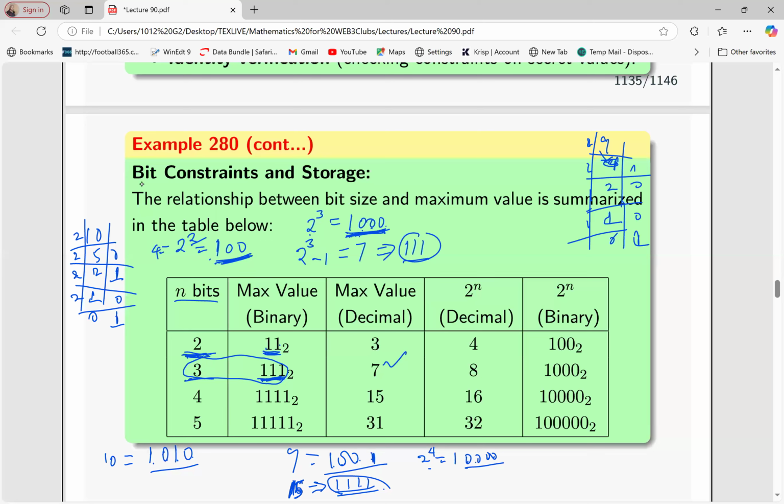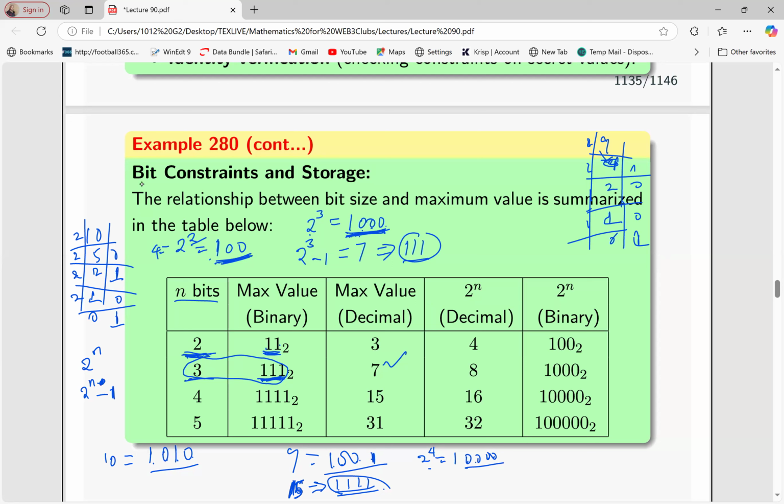So all the 4 bits will have the same storage, and then 5 bits will have the same storage. The thing I want us to look at is the difference between 2 raised to n and 2 raised to n minus 1.